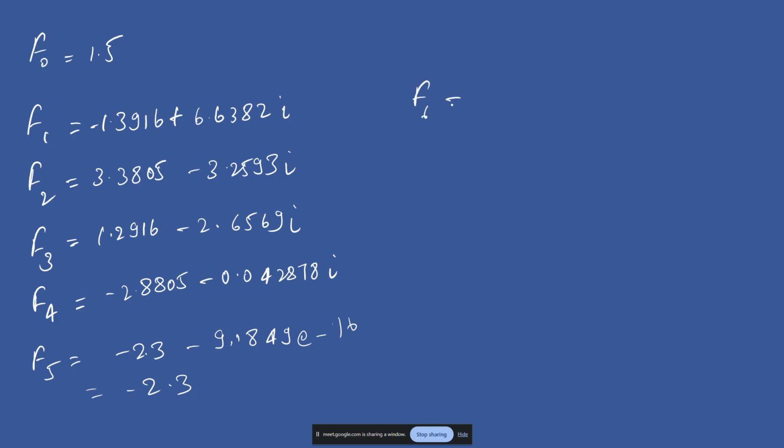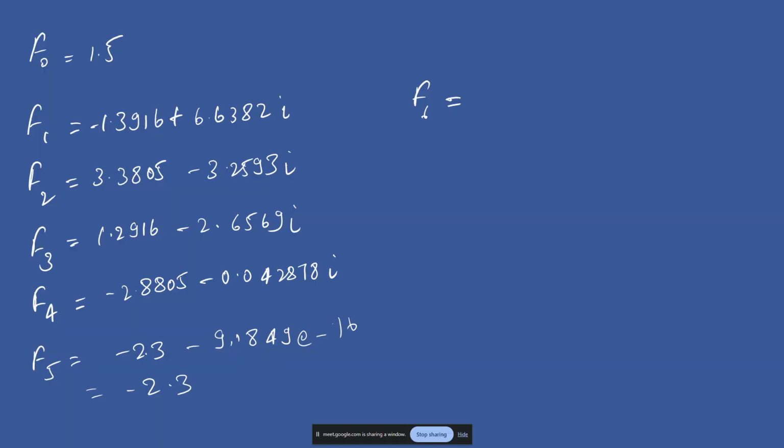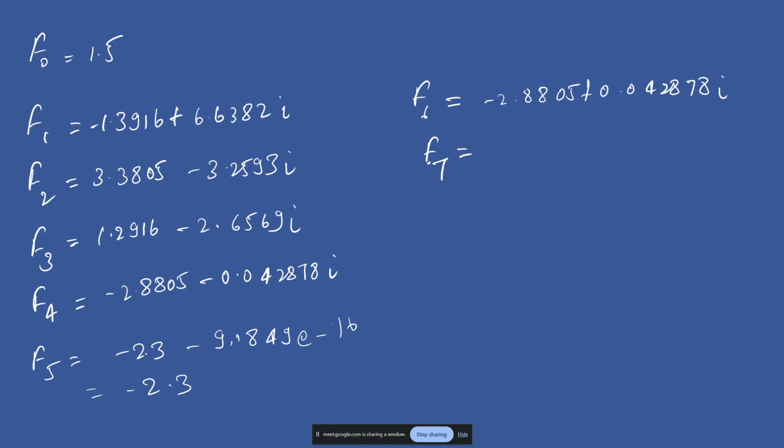Then your f6 value which I have with me is minus 2.8805 plus 0.042878 iota. Your f7 value which is available with me is 1.2916 plus 2.6569 iota.